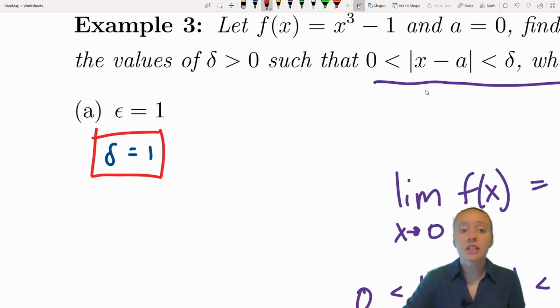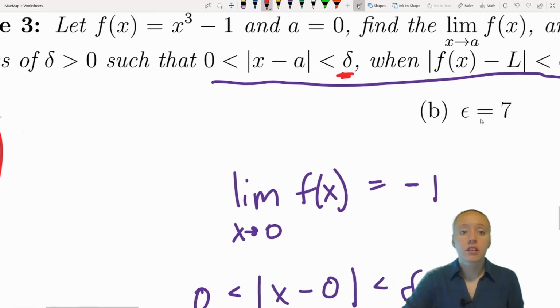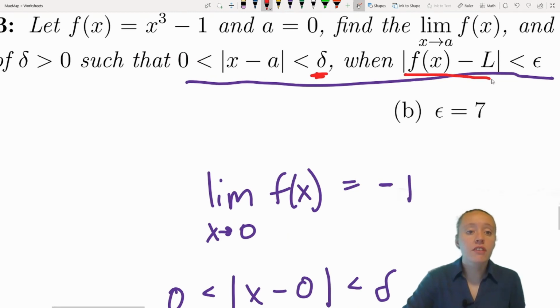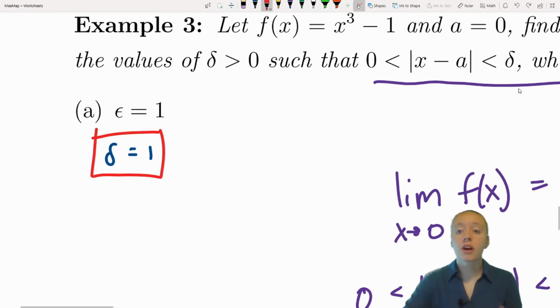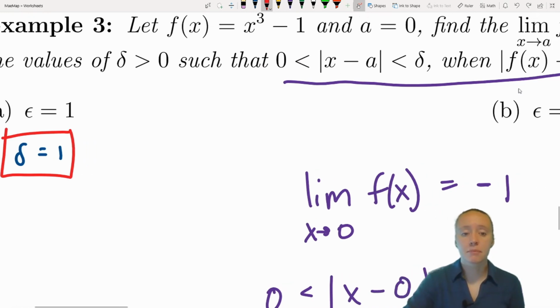If 0 is less than the absolute value of x minus 0, which is less than 1, then the absolute value of f of x minus -1 is always less than 1. Just filling in those different parts for part A in example 3.